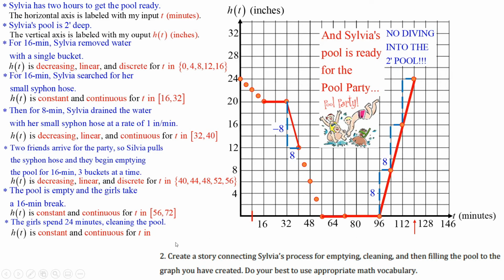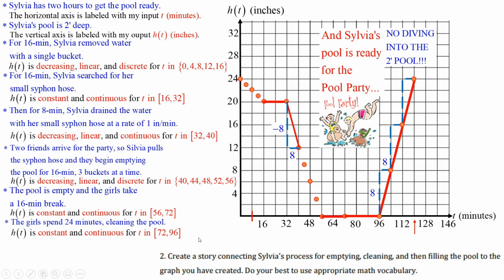So I'm going to use bracket, bracket. And then what is this t value right there? That would be, what? Is that 72? 72 minutes until the 96-minute mark right there. So t is in the closed interval from 72 to 96. One more time. That means t can equal 72 minutes, t can equal 96 minutes, and t can equal anything in between those values. Everything, I should say, in between.